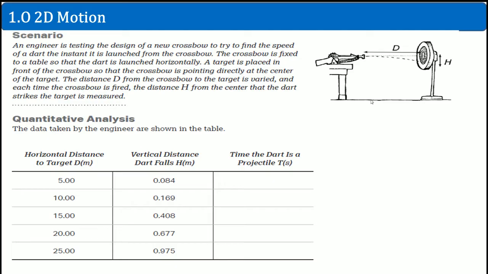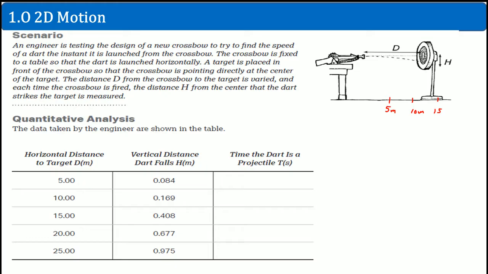It can be placed here at 5 meters. Then it is placed at 10 meters, then at 15 meters, right? So do you see how, if it's closer, the dart falls here? If it's further away, it falls more. If it's further back, it falls more, right?